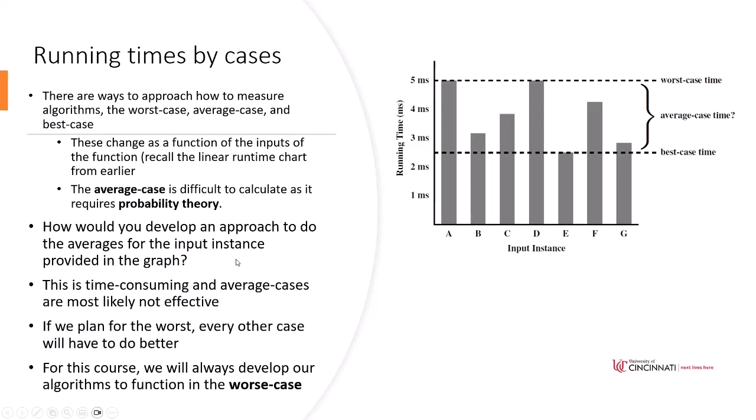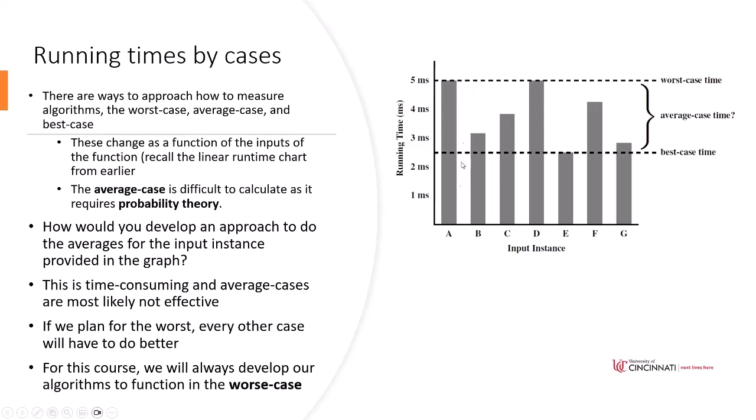So what we want to do is to always look at the worst case scenario for our algorithm. So essentially, if your algorithm is linear, what happens when I put a million items in there? And then what can I do to my algorithm to make it more effective when I have a million items? Now, why do we always go for the worst case? It's not really because we're pessimistic about people, but it's more so that if we plan for the worst case, every other case will have to do better, logically, right?